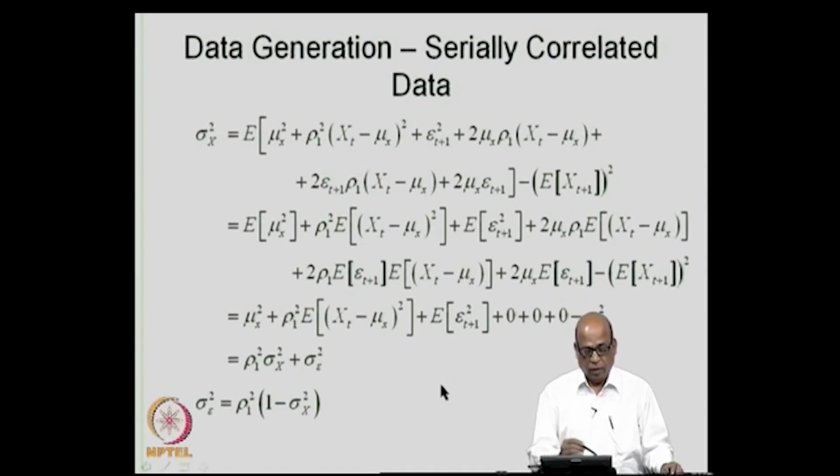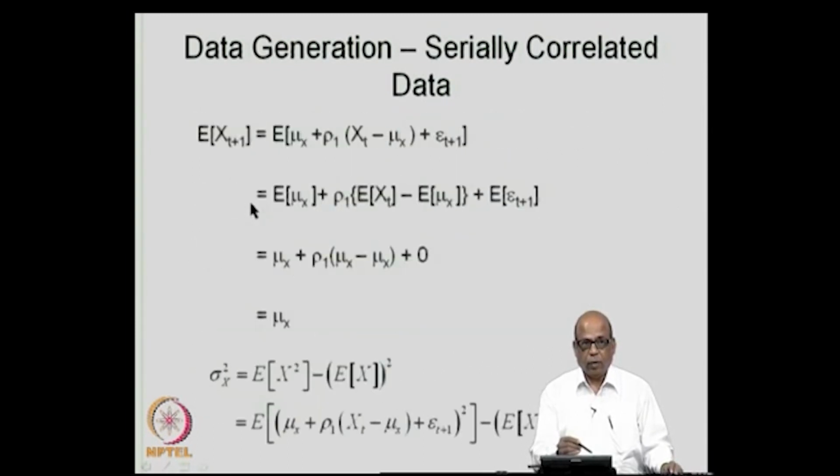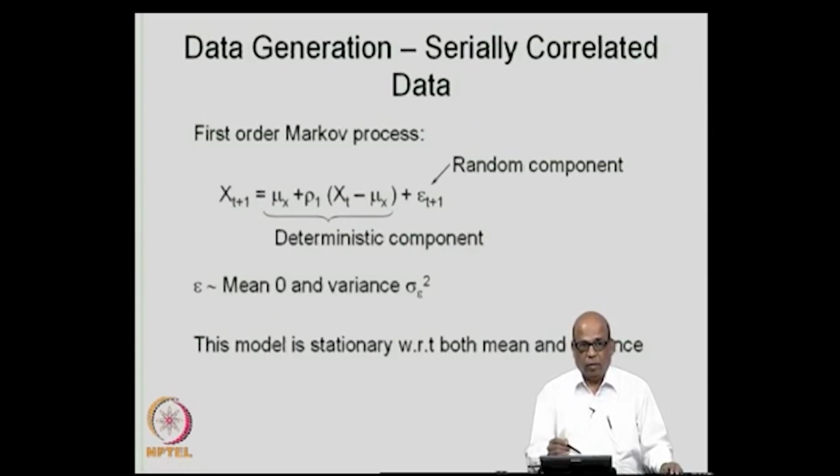That means, sigma e square can be written as sigma e square is equal to rho 1 square into 1 minus sigma x square. What does this indicate? This indicates that if you want to have the same sigma x square, the idea here is that you would like to generate the data using this model, and this model will have the same mean mu x as the historical data.